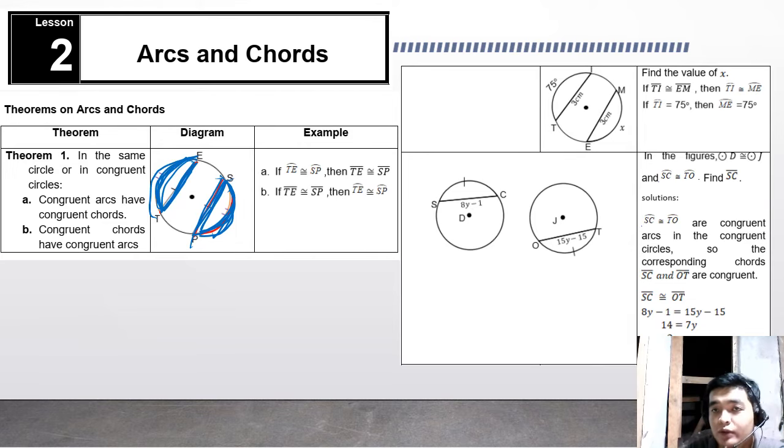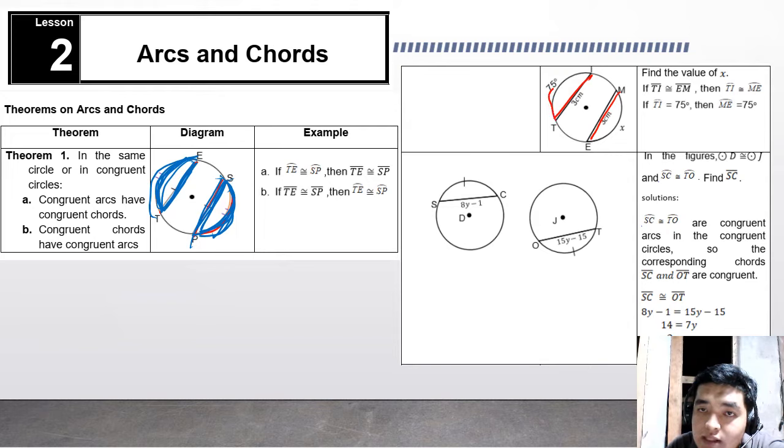Okay, for example, find the value of x if TI is 3 cm, and of course EM is 3 cm. So this is our x.